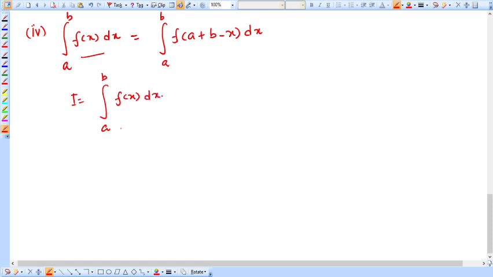So put x is equal to a plus b minus z. If you put x is equal to a plus b minus z, then dx would be equal to minus dz.